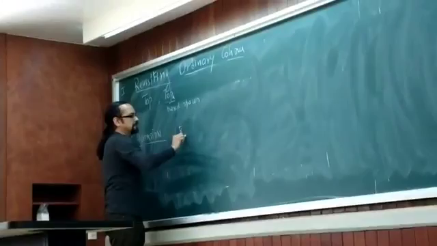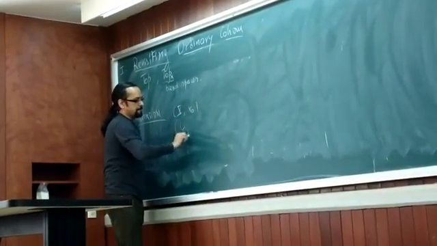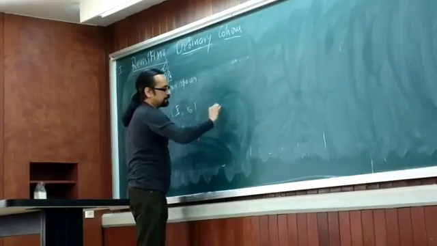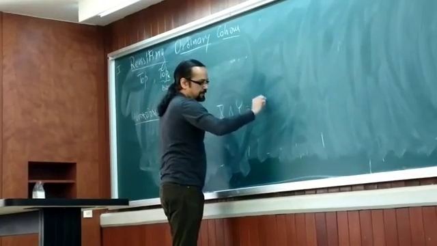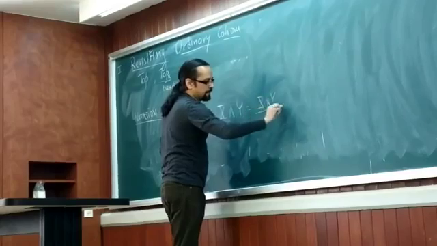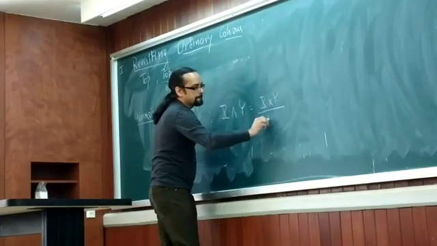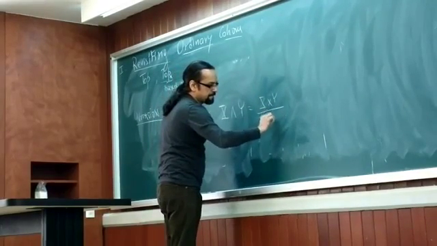So if you have 2 based spaces, then you can take the smash product. It's just the result of taking the product and dividing, smashing.